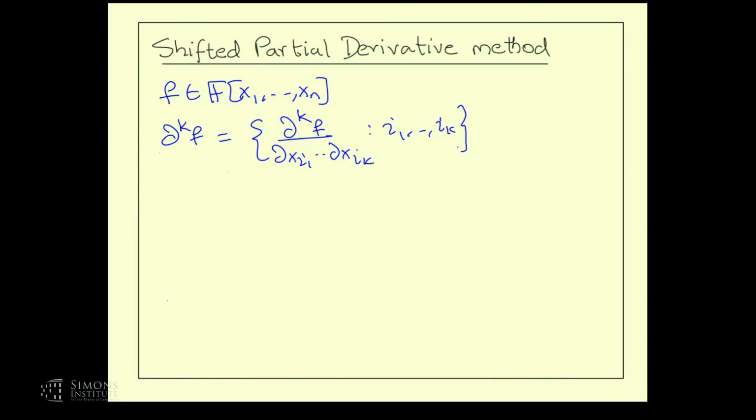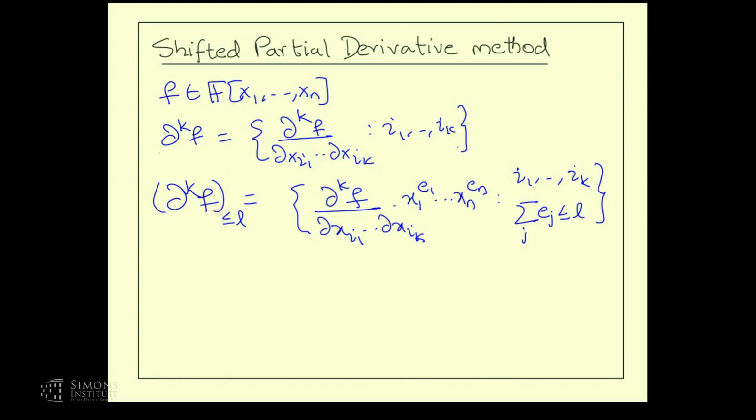All right, so in the partial derivative matrix, all we do is we look at the space of partial derivatives and we try to measure its rank. Now what we do is that we augment this space a little bit in the sense that we start with the space of partial derivatives, but we shift them by multiplying them with monomials of some degree. So you take your partial derivatives and you multiply them with monomials of degree at most L, where L is some parameter.